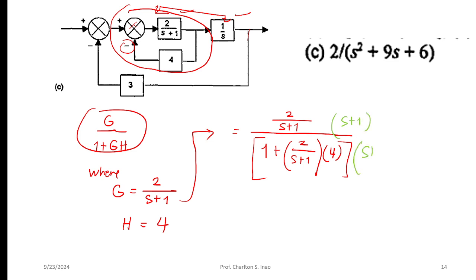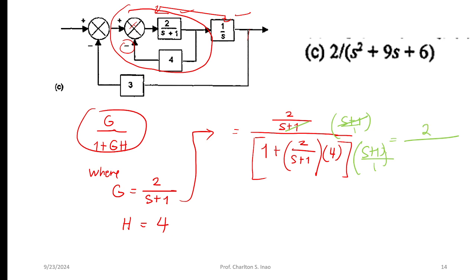Here is s plus 1. So if you divide the same value, or same element, it will result to 1 only, as if you did nothing because you just multiply this one by 1. But we can simplify this now with this. So s plus 1, s plus 1 will be cancelled. So this is going to be 2.